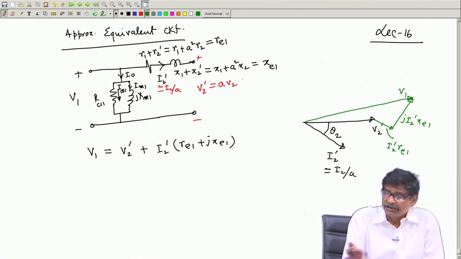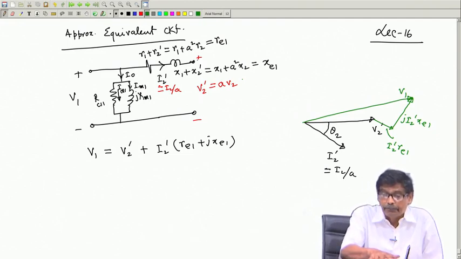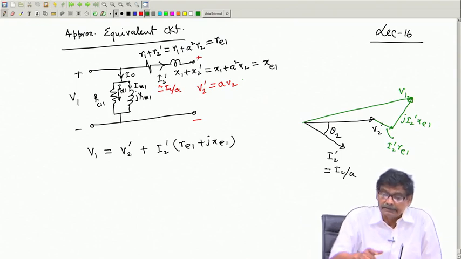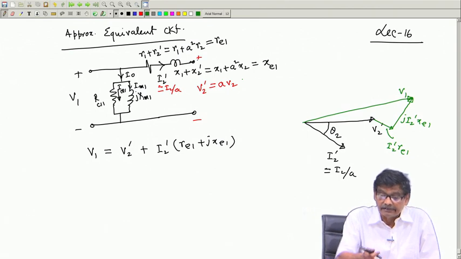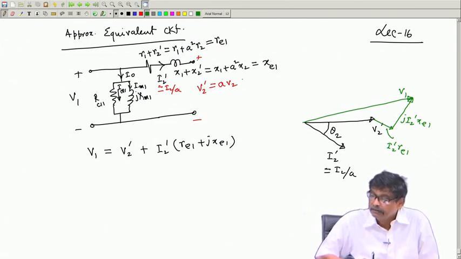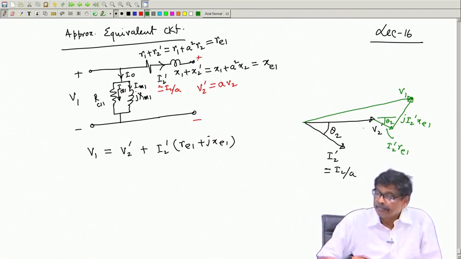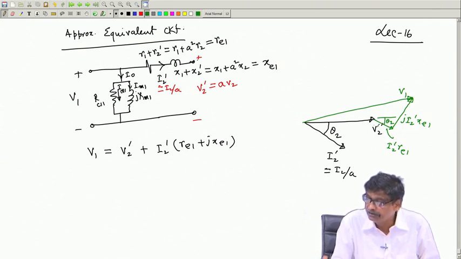No point in showing E 1, E 2, etc. So, as I am telling you, as you go to the approximate equivalent circuit, on the plea that the series impedances are much smaller compared to the parallel impedances of this core loss resistance and magnetizing impedance, it is this phasor diagram, that is all. And this is the angle theta 2, and this is your V 2 dashed. So, to V 2 dashed you add this.